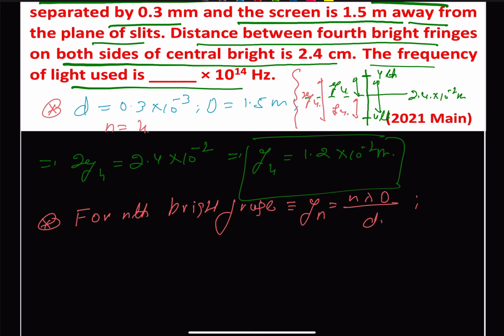So we can write y of 4 will be equal to 4 lambda capital D divided by small d. Lambda is what we need to find out, because we are going to find the frequency. So we get lambda equals y of 4 multiplied by small d and divided by capital D.